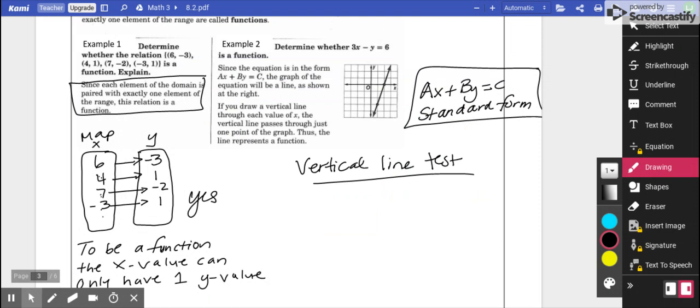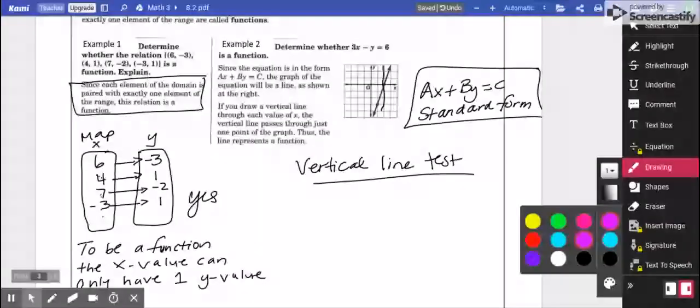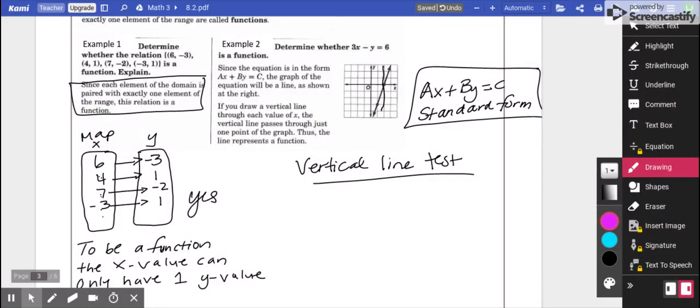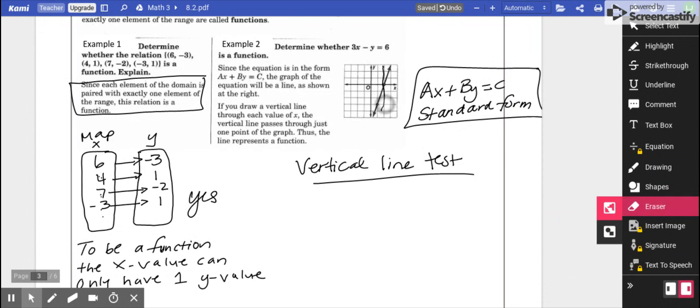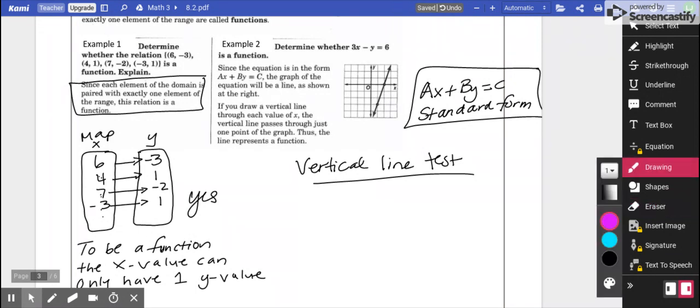If I could pick any number for x and draw a straight line, and you just want to be better than Mrs. Johnson because I cannot draw straight lines to save my life. But did I hit any other x when I drew this line? No. Let me try again. I didn't hit any other line. So yes, this is a function.